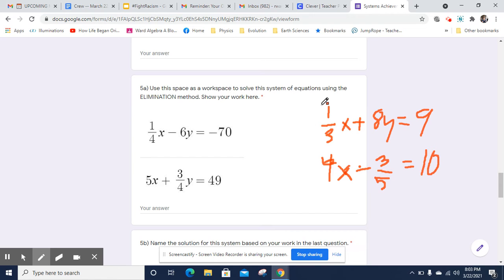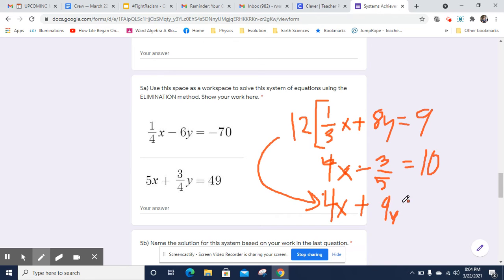So if I multiplied everything in this top equation by 12, 1/3 x becomes 4x. 8y times 12 is 96y. And 9 times 12 is 108.